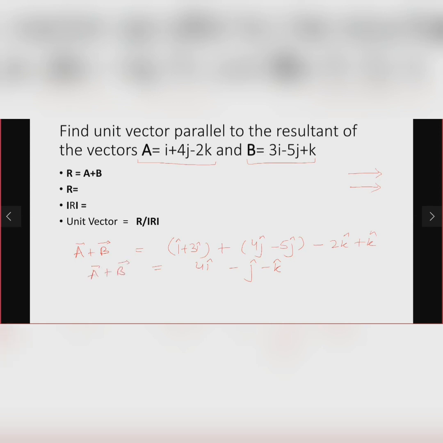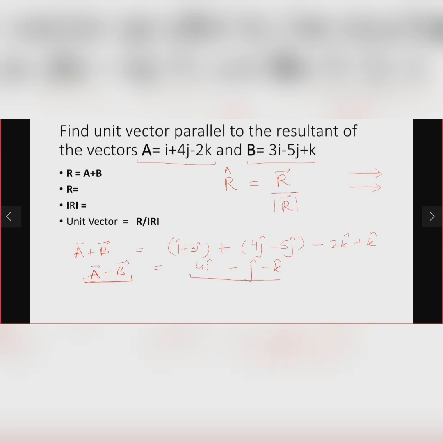Every vector has a direction associated with it, and you have to find a unit vector parallel to the resultant of these two vectors. So the unit vector formed by the resultant would be r hat equal to the vector r divided by its magnitude.